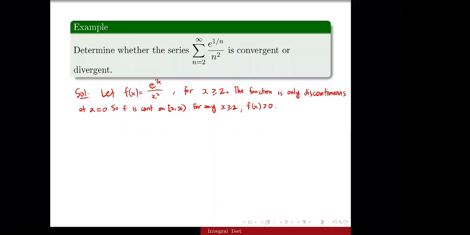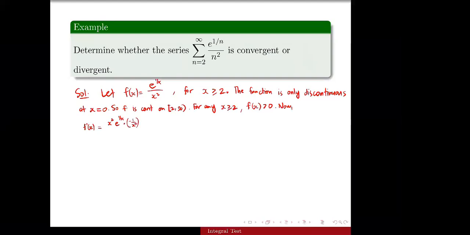For the decreasing part, we use the derivative test. Let's write it here. F prime of x. So, quotient rule. You have low times derivative of high, which is e to the 1 over x times, by chain rule, the derivative of 1 over x, that's negative 1 over x squared.